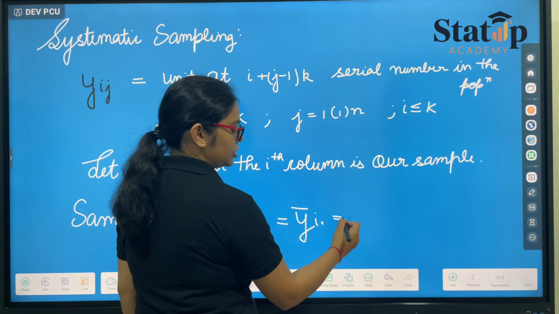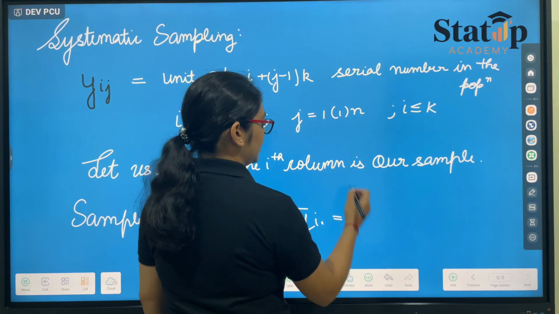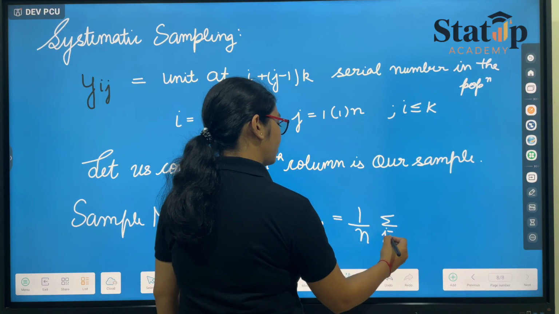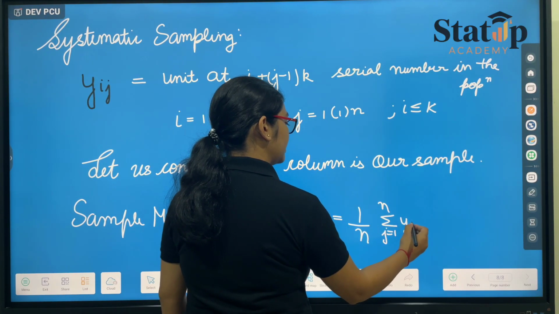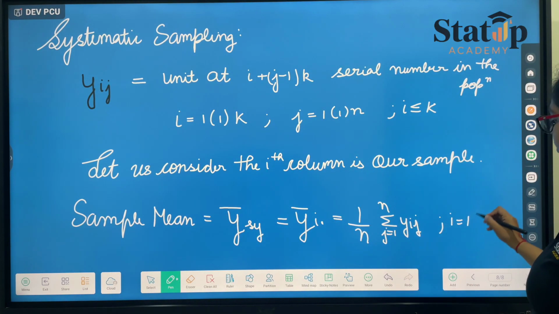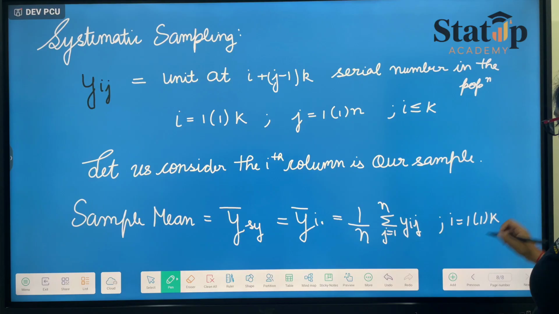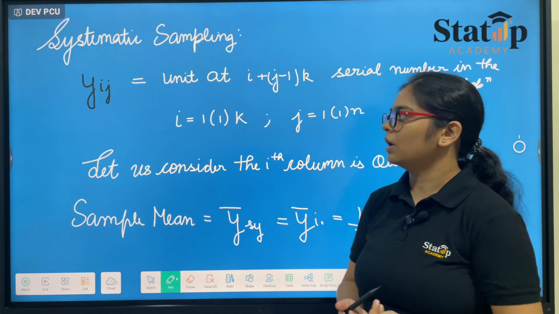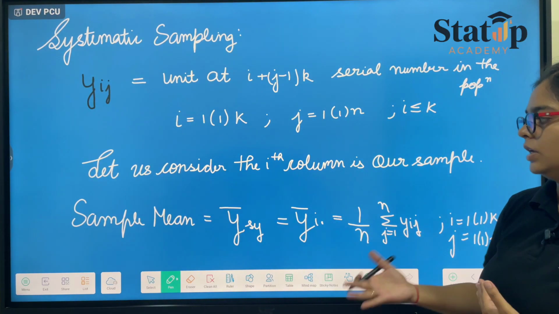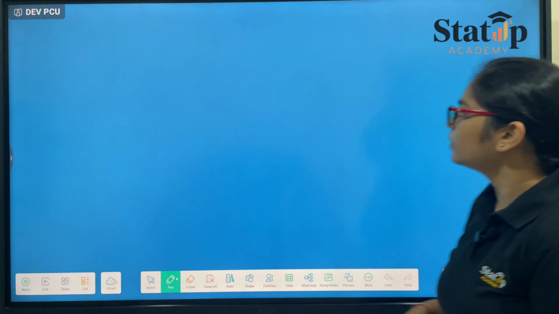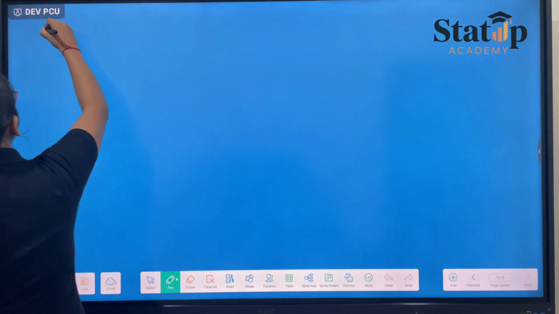Dot means j is changing and i is constant. So the notation is 1 upon n summation j goes from 1 to n Yij, where i goes from 1 to k and j goes from 1 to small n. This will be the formula for the systematic sample mean y bar sy, or we can also denote it as y bar i dot.